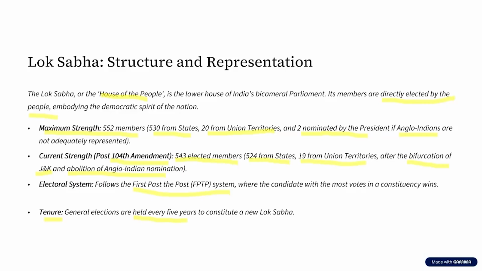What happens? Then a chance will be given to the opposition parties to stake the claim for the government. Even if they are not able to stake the claim, or not able to garner the support to form a government, then what happens? A new general election will be held, whose term will also be 5 years and not just the remaining term. So this is the composition and the structure of Lok Sabha.